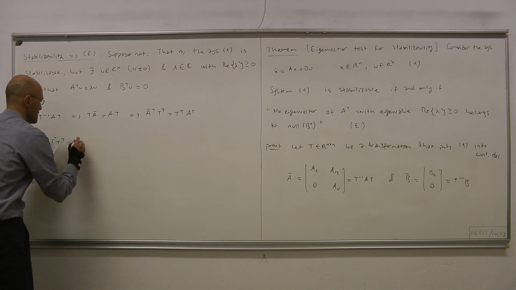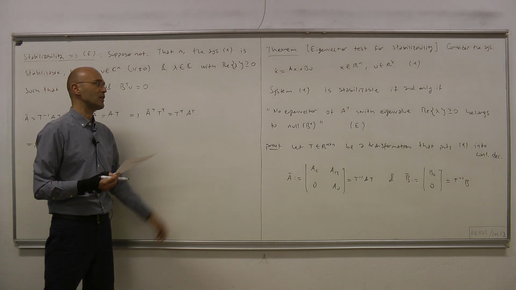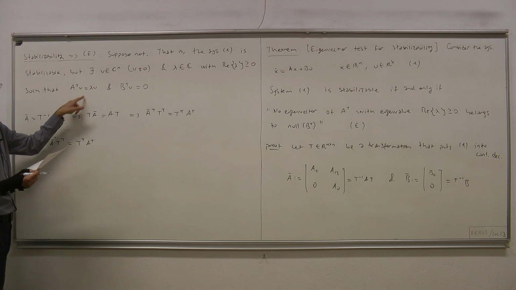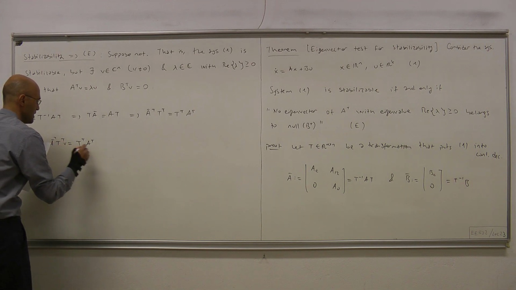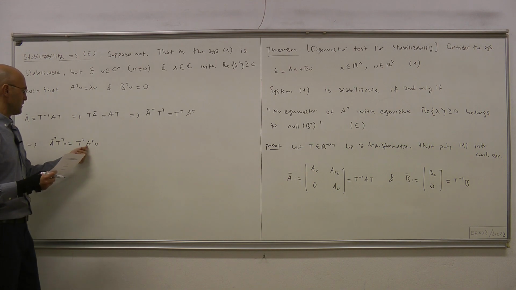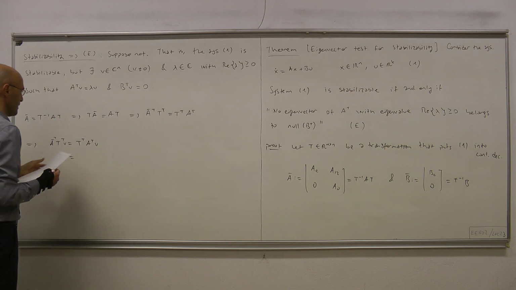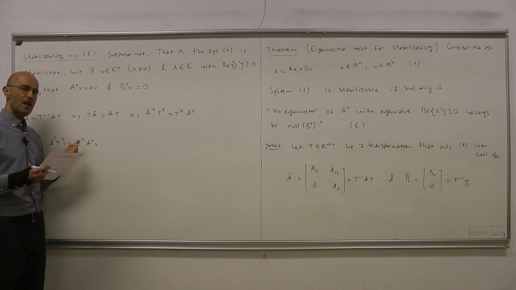equals T transpose A transpose, and this equation we multiply both sides with this eigenvector V, and that equals what? A transpose V is lambda V. So here we have T transpose lambda V, and lambda is a scalar.